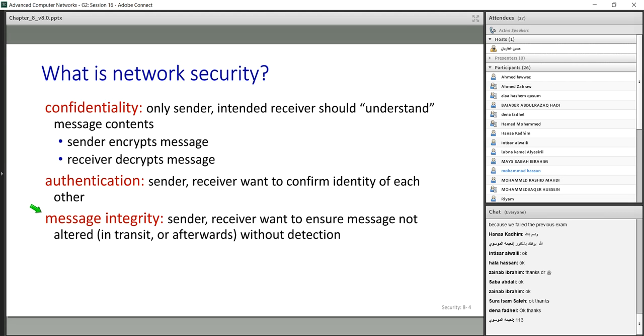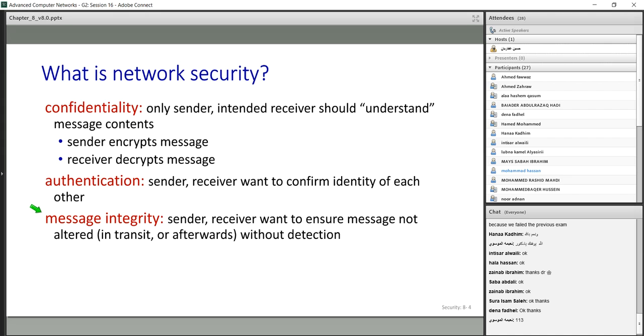So Ahmed wants to ensure that if the message is altered, he can understand that the message is changed by someone else.